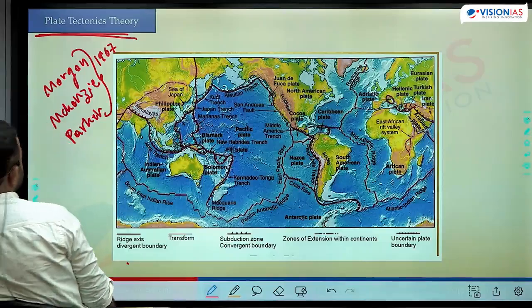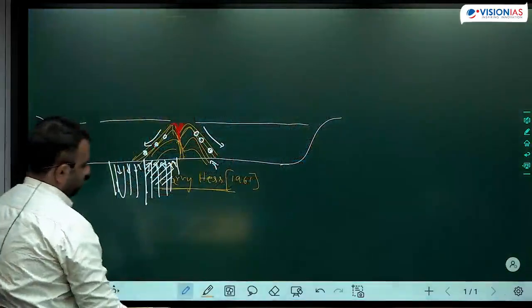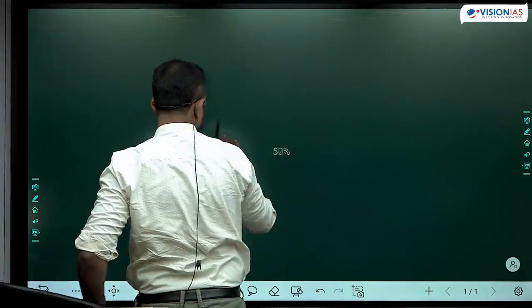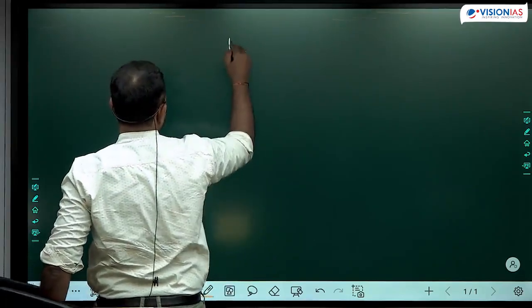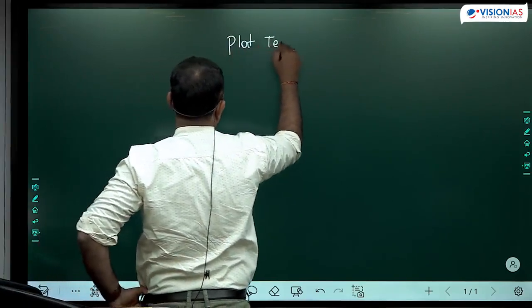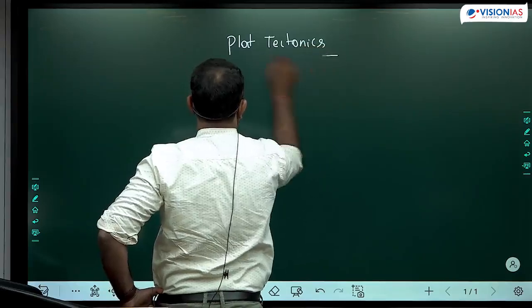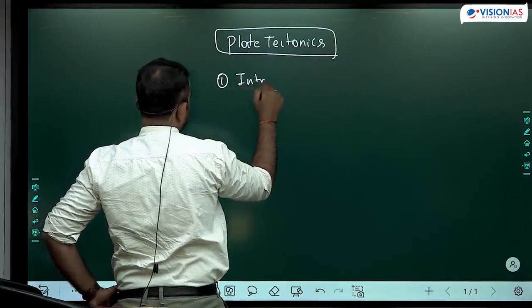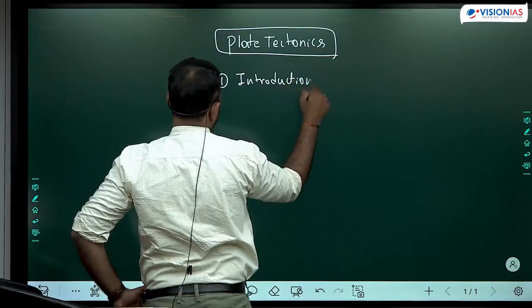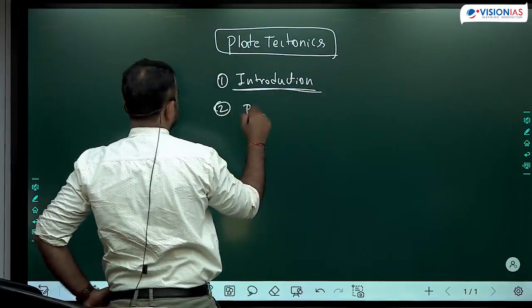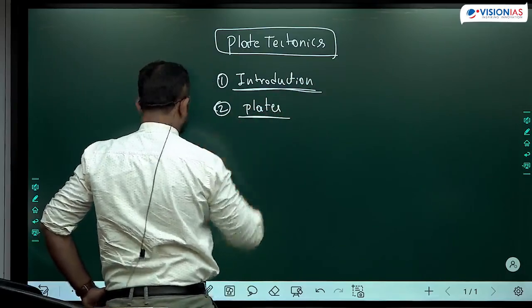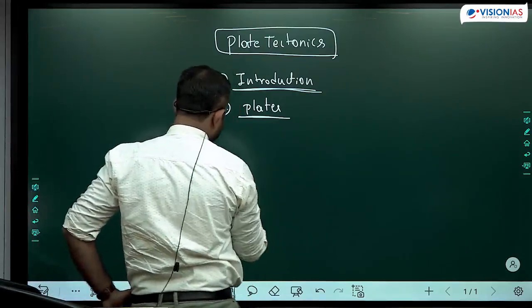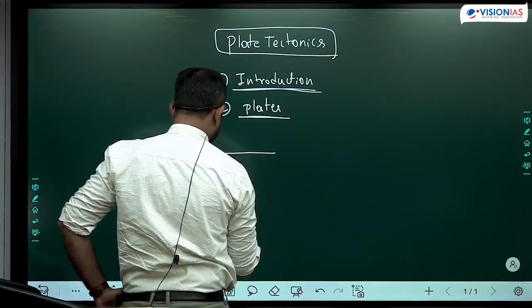The plate tectonics is dependent upon the idea of plate. What do you mean by plate? Crust is part of plate.